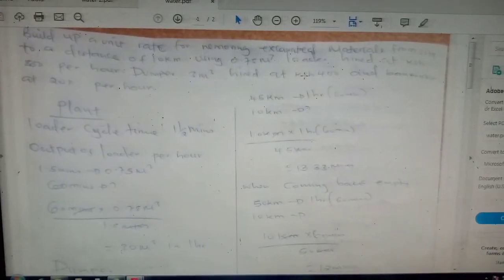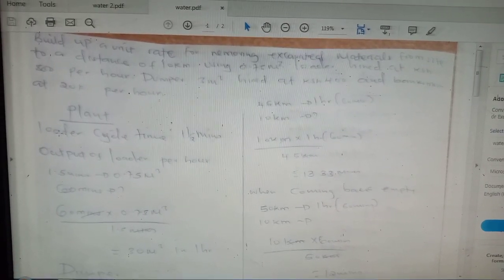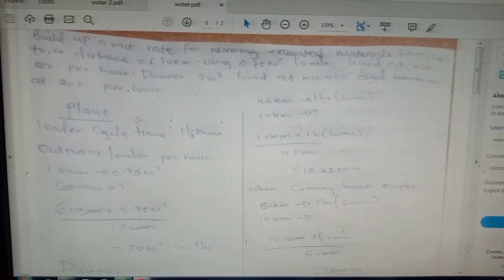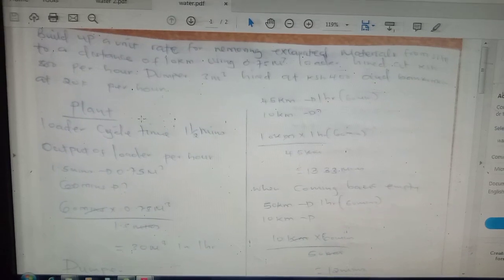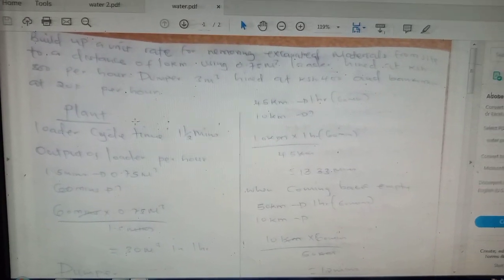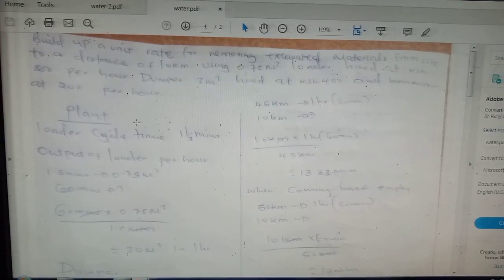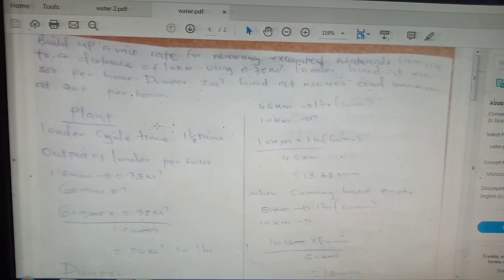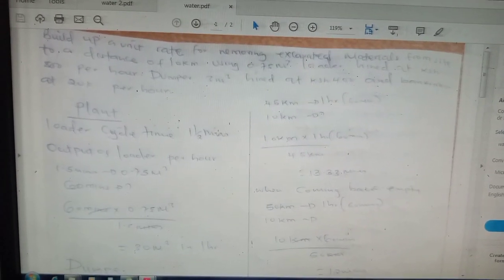So we then calculate for the first plant that we have, which is the loader. When you want to calculate for the loader, you first know the cycle time of that loader. How many minutes or hours will this loader take to load one bucket into a damper? So you assume the cycle time for a loader is 1.5 minutes.